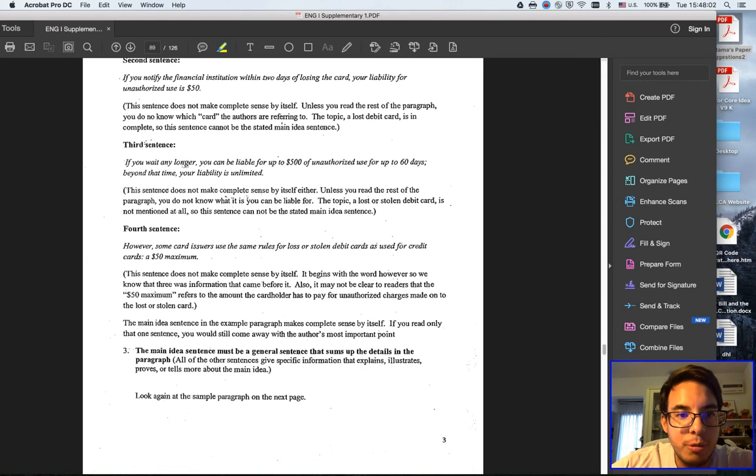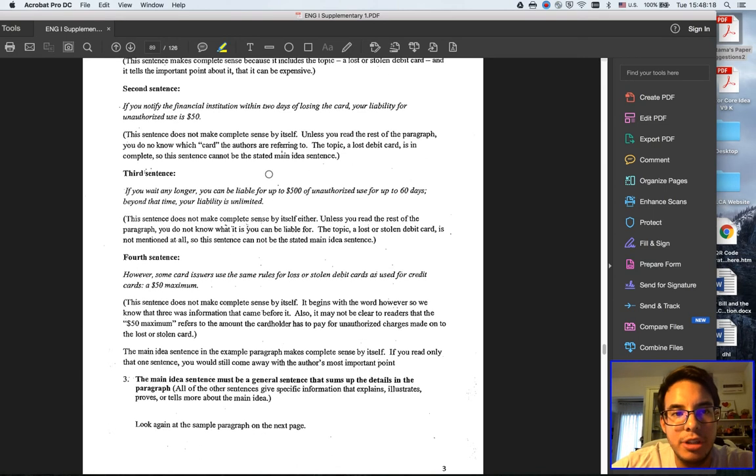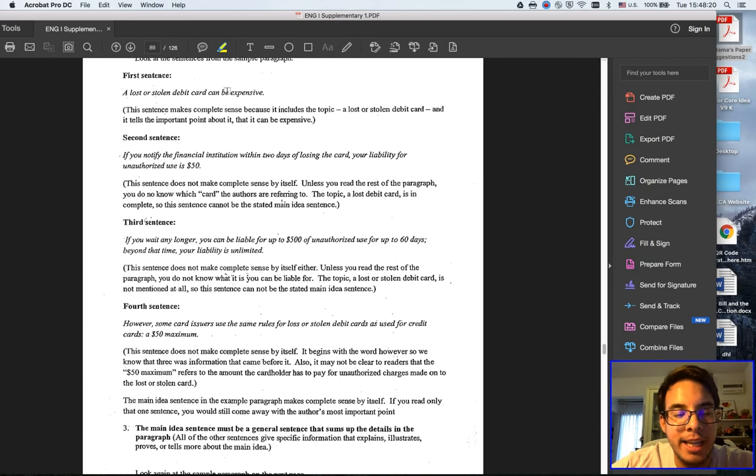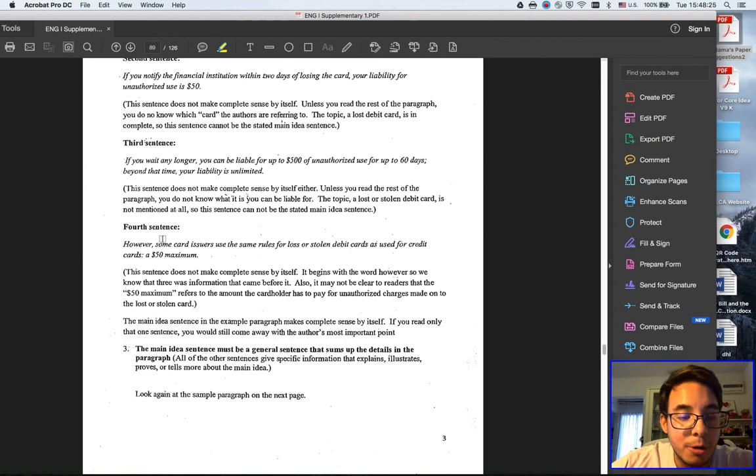The third sentence: if you wait any longer, you can be liable up to $500 of unauthorized use for up to 60 days. Beyond that time, your liability is unlimited. Does this make sense on its own? Probably not, because you still need the main idea sentence in order for this to make sense. The fourth sentence: however, some card issuers use the same rules for lost and stolen debit cards as used for credit cards, a maximum of $50.